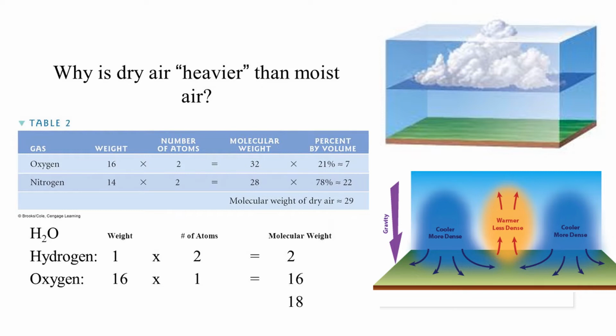So we are talking about why the air is heavier. Which one is heavier? Well, let's see. A molecule's weight is the sum of the atomic weights of its atoms. For example, molecular oxygen with 2 oxygen atoms has a molecular weight of 32. The most abundant atmospheric gas, molecular nitrogen, has a molecular weight of 28.